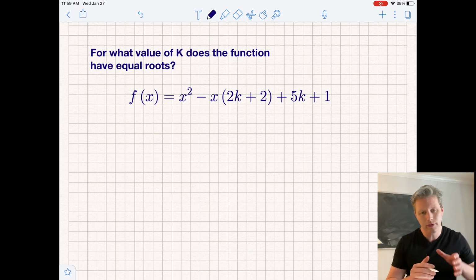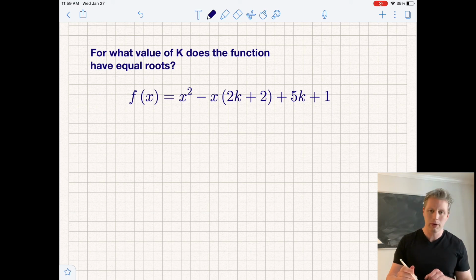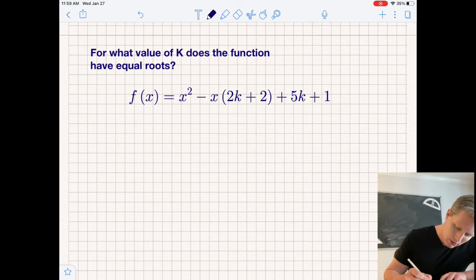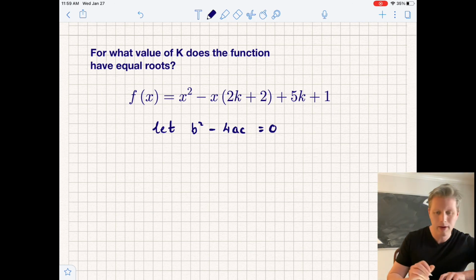We then find b squared minus 4ac, our discriminant, let it equal 0, and then solve for k. That is what we are going to try and do here.